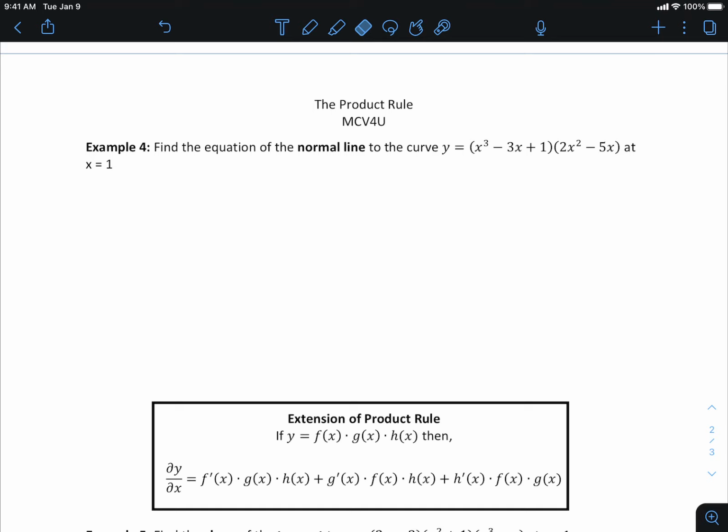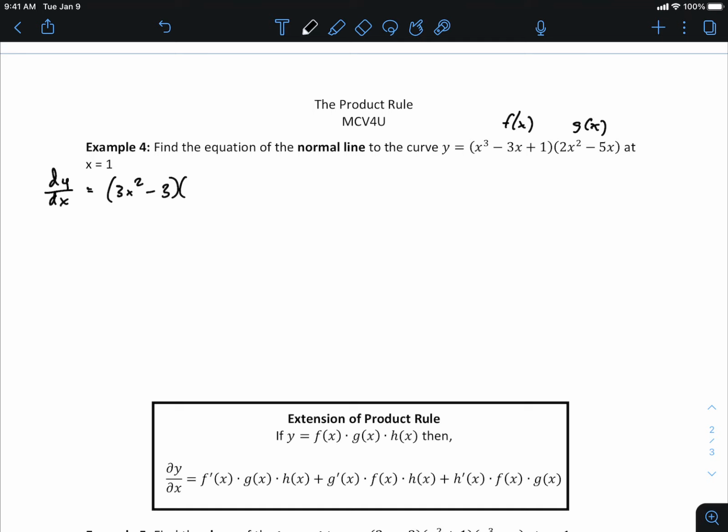So let's find the equation of the normal line to the curve at x equals 1. So let's derive that. We could say dy/dx is going to equal, we're going to derive the first one. Remember, this is f of x, and this is going to be g of x. So we take the derivative of f of x, that's going to be 3x squared minus 3.